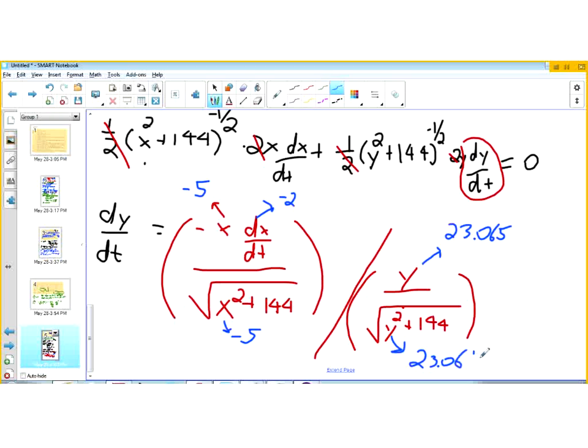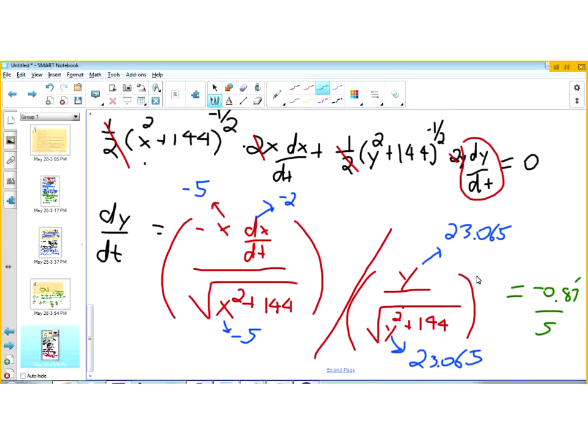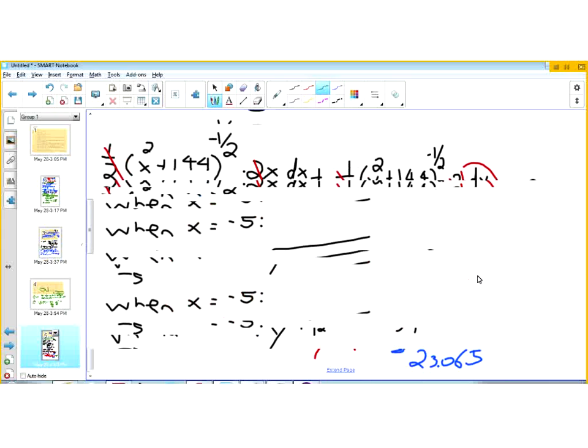And then we plug in 23.065 here. And so when you use your calculator, the number you should get is dy over dt is equal to, hopefully, negative 0.87 feet per second. Okay, so that's what I get.